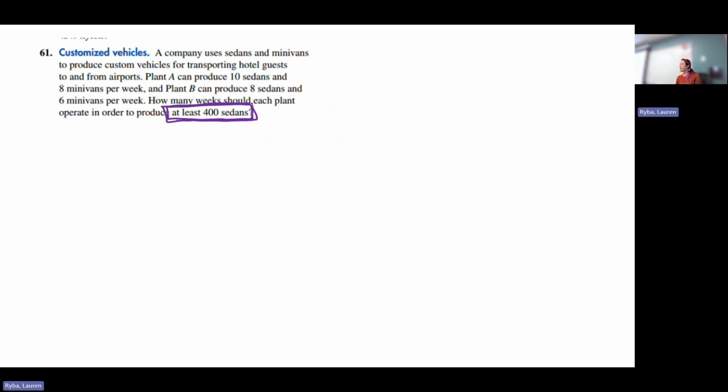So all I care about is sedans. So plant A can make 10 a week. Plant B can make 8 a week. So these extra numbers, these 8 minivans and 6 minivans, is information that is not any part of this problem.